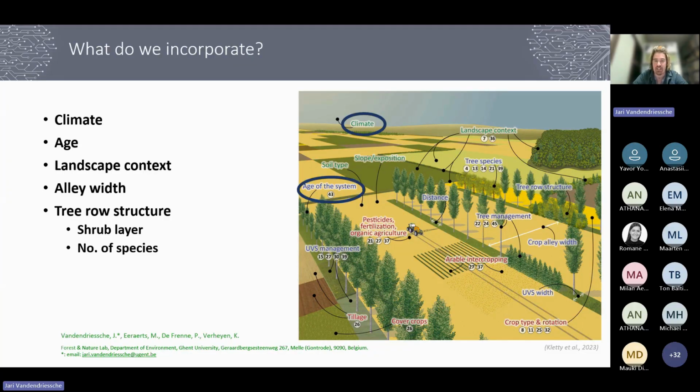We try to integrate the age of the system, so the age of the trees that are implemented, a landscape context, the width between tree rows in an agroforestry field, and then the structure of a tree row with the number of species applied and the presence of a shrub layer.